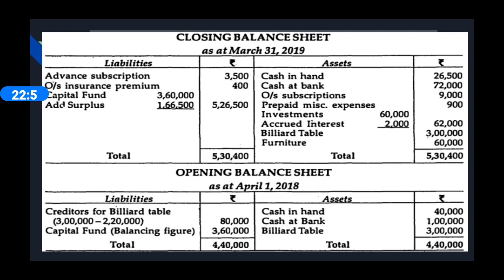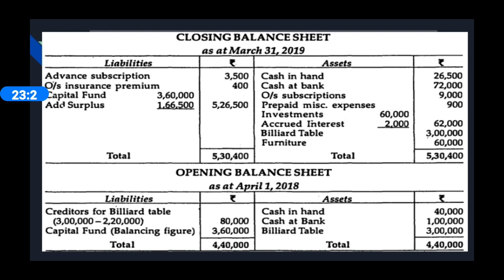If you got the deficit, you have to deduct it from the capital fund. But now in this exercise, we have got only the surplus. So the surplus was added with the opening capital fund, and the total was taken to the outer column. Now the balance sheet got tallied. Both sides come to 5,30,400.